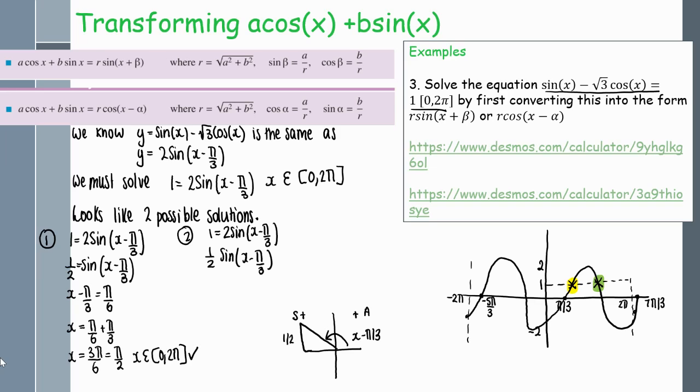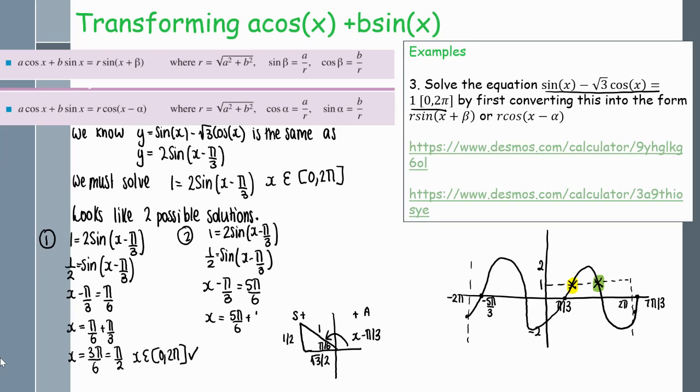So let's let this angle be x minus pi on 3 again. And again, drawing our unit triangle: hypotenuse 1, opposite a half, adjacent root 3 on 2. I know that that angle there must be, from the x-axis all the way around, 5 pi on 6.